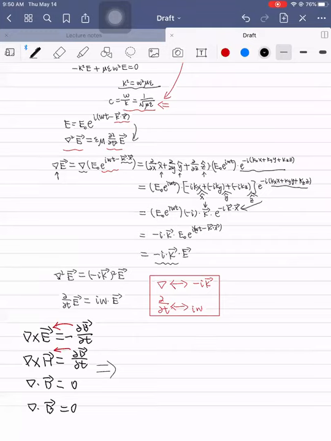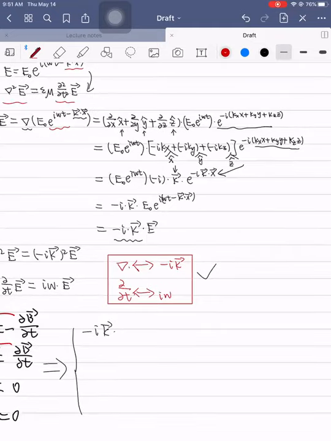With these two relationships, we can rewrite this as minus k. Oops, I've got to give one more relation.